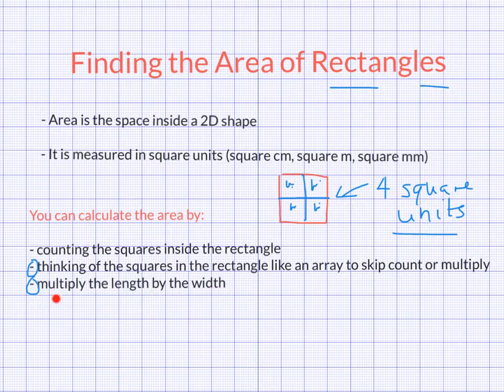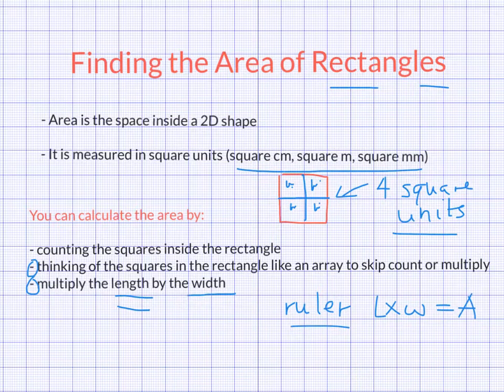The last thing is, if you're not using grid paper, to find the area inside a square or a rectangle, you can just simply multiply the length by the width. So the length and the width might be given, or you might be able to use a ruler to find the length and the width, then multiply them together to find the area of that rectangle in square units.